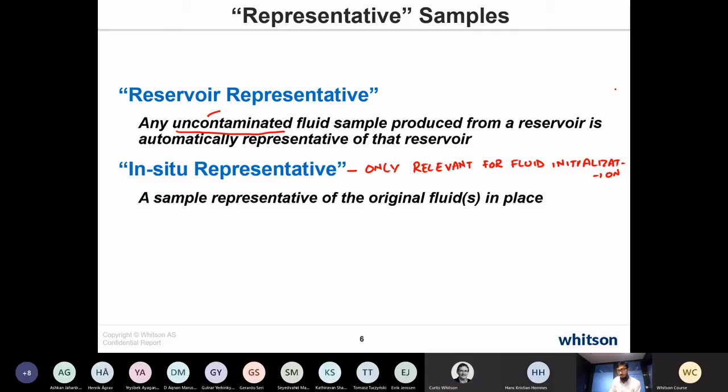The reservoir representative samples, as Bilal is going to go into and discuss in detail, are samples that are produced by the reservoir, time 0, time 1, time 28, time 365, with whatever unit you like.